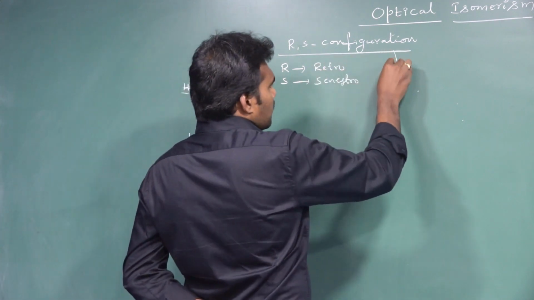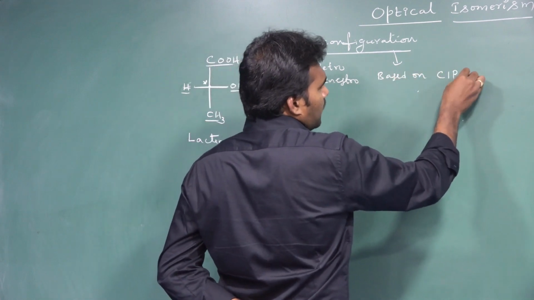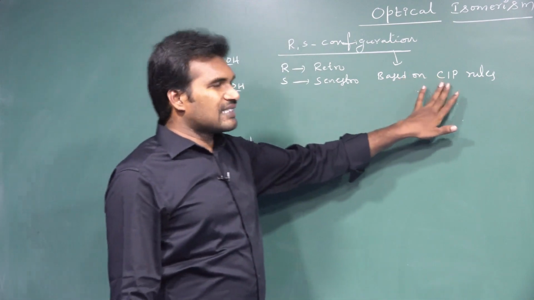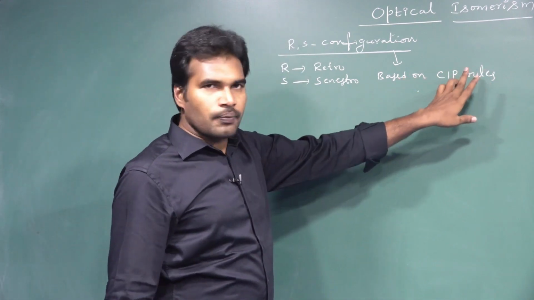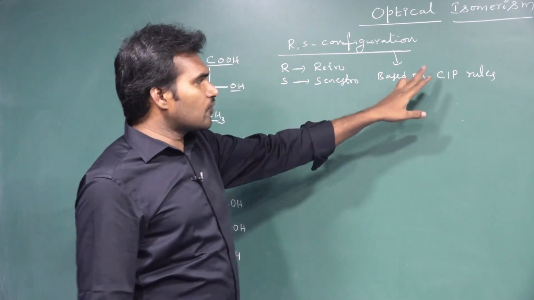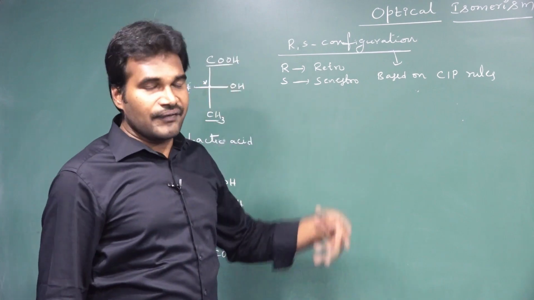This configuration is based on CIP rules. In the last part of the video, we discussed what the CIP, Cahn-Ingold-Prelog rules are. We follow these rules to identify the priority of the given groups.